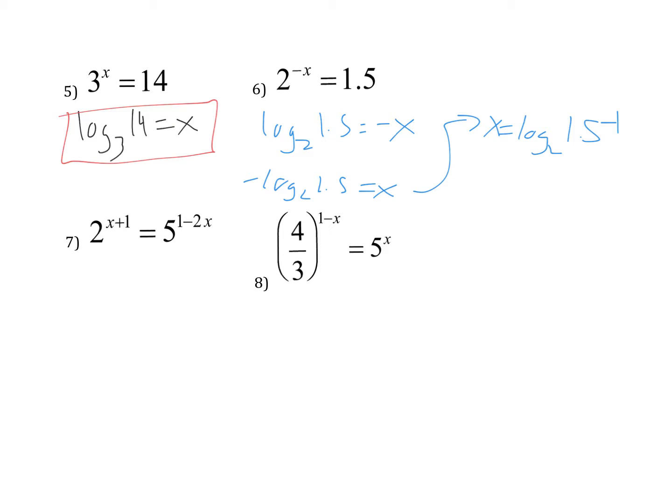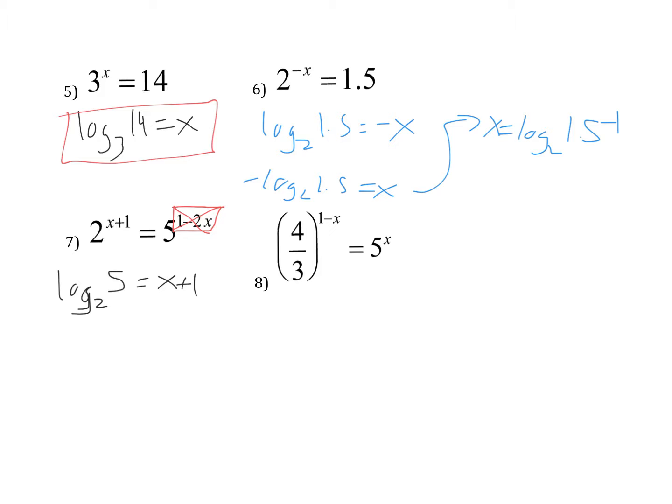So I'm going to say, all right, let's pretend that this is not there. If that wasn't there, well, now I only have one exponential. So I'm just going to rewrite this thing as a logarithm. Log base 2 of 5 equals x plus 1.